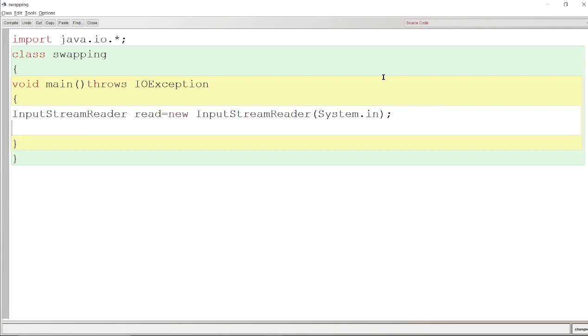So println just prints the value inside it in the terminal or the console.